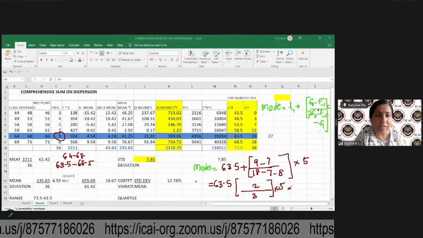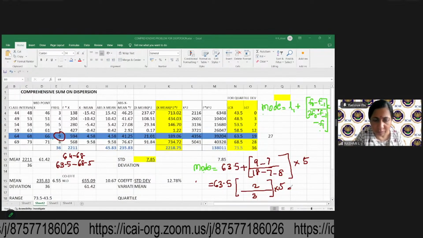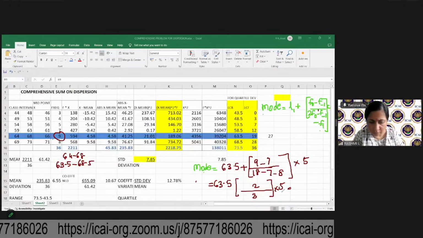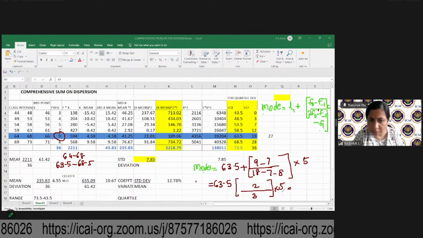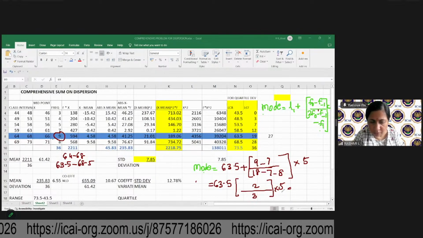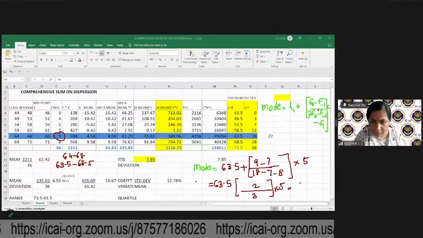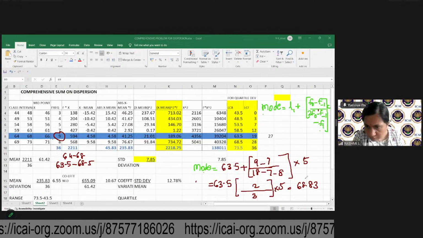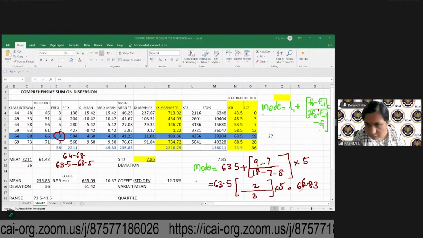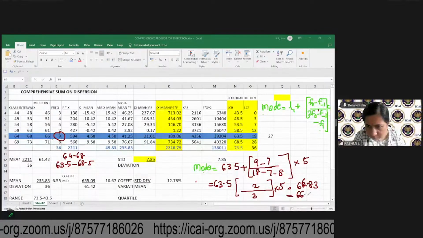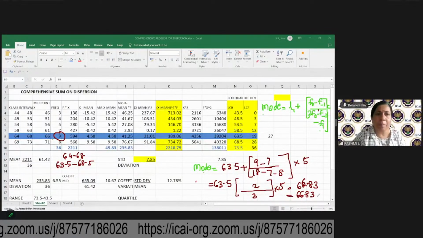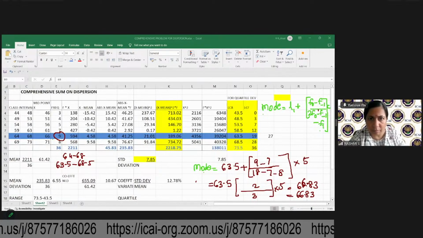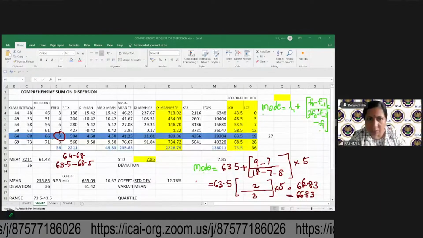Okay, Guru Prasad, it is 63.5. 10 divided by 3 is 3.33, plus 63.5, which is equal to 66.83. 66.8. Okay. Yes, very good.